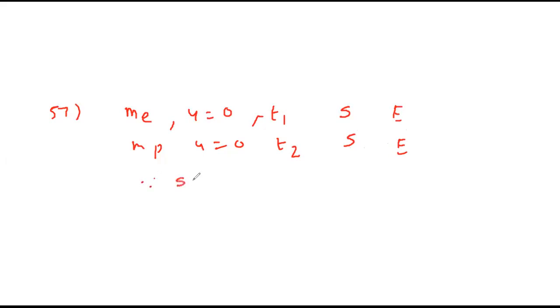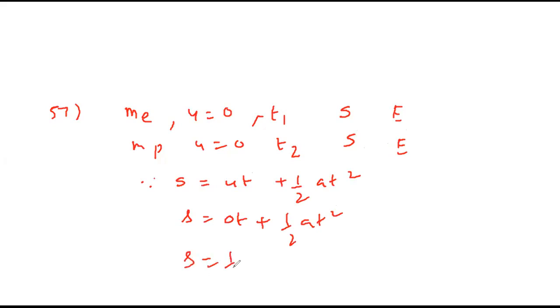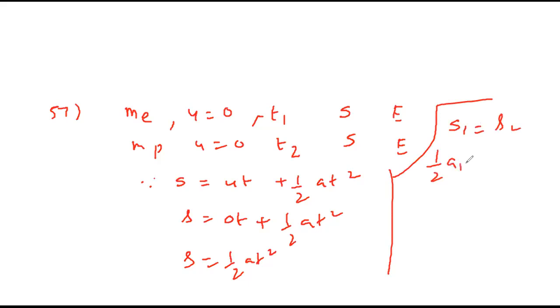What is the formula for distance covered? UT plus half AT square. U is 0. So can I say S is only half AT square? Yes. Now they are saying distances are the same, so half A1 T1 square will be half A2 T2 square or not?